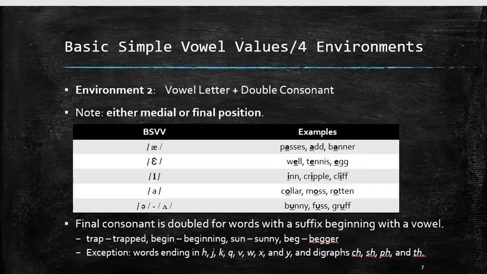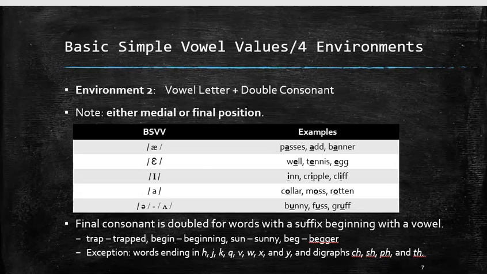Environment number 2. This corresponds to words in which the vowel appears immediately before a double consonant, either in medial or final position. So notice that we're not talking about a cluster, we're talking about a double consonant.